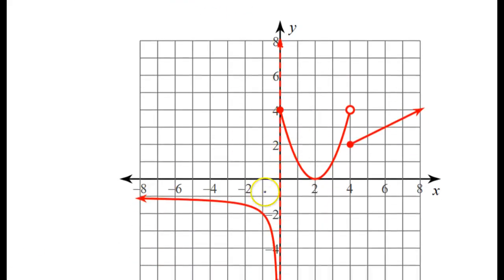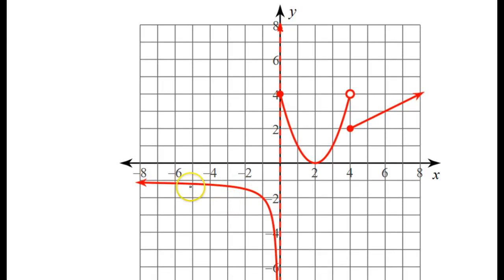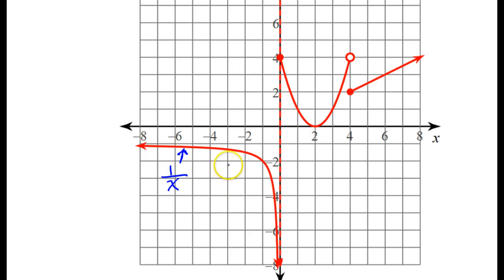Okay, now this piece of the piecewise function I can tell is a branch of the parent function 1 over x. Alright, so the parent function 1 over x has a horizontal asymptote that is the x-axis.